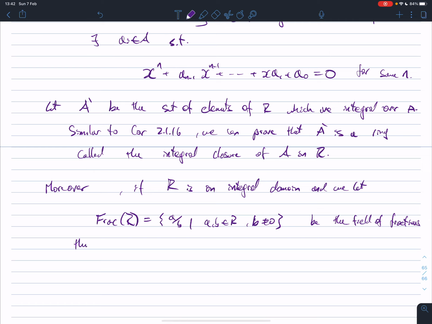Then we say R is integrally closed if it's integrally closed in its field of fractions.